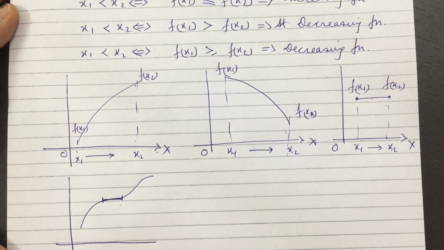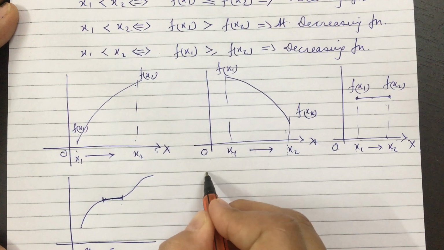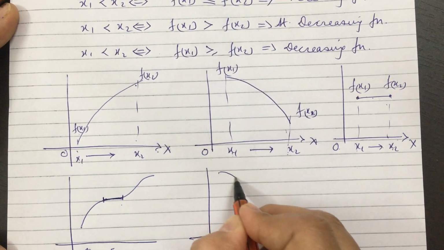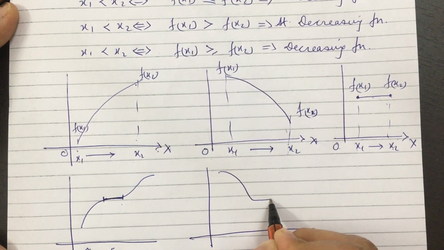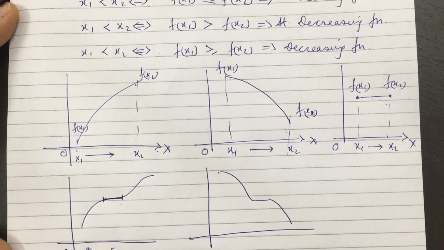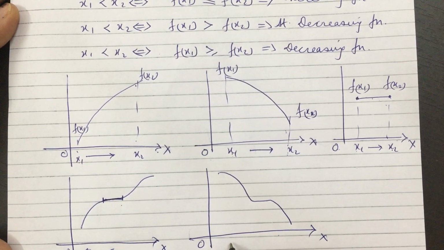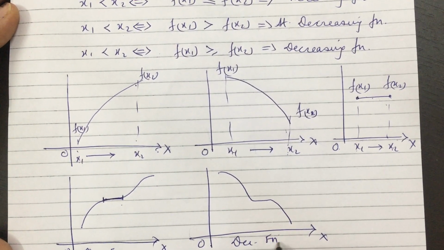So this is an increasing function. Whereas if you have a graph something like this and in between there is a line parallel to the x-axis, such a function is called a decreasing function.